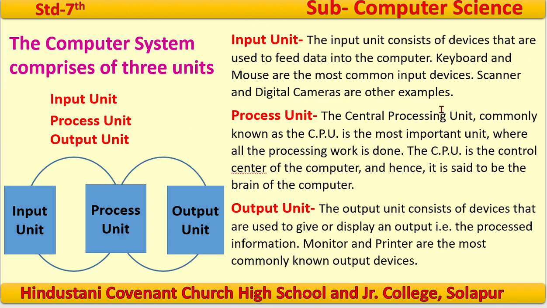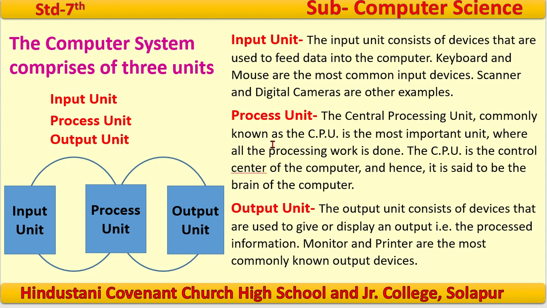Scanners and digital cameras are other examples. Scanners scan the hard copy, and it is stored as an image in the hard disk. With digital cameras, we take photos and store them in the memory card. So the signals are going in, so I call it the input unit.